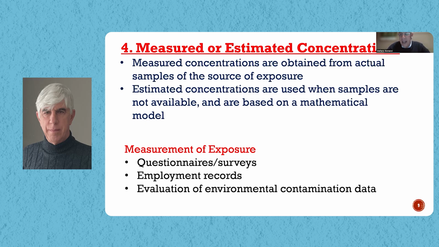So this is the most reliable way, although we will see that using nicotine or cotinine in the blood is maybe a more individualized assessment. Also, there are employment records. You can just investigate how much of the agents are used in that area.